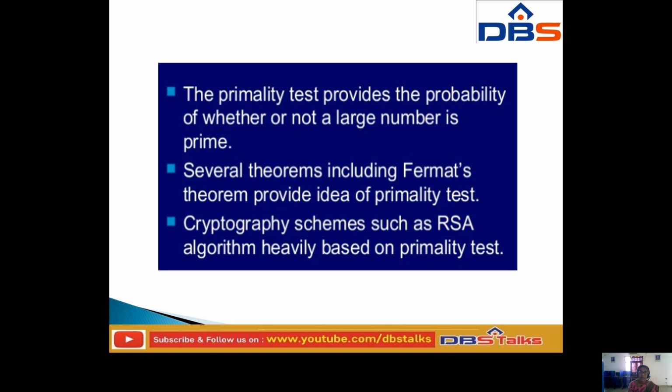And also not only one theorem, several theorems are included, such as Fermat's theorem, which will provide an idea of the primality test. But cryptographic schemes such as the RSA algorithm are heavily based upon the primality test. This test, as we have already said, provides the probability of whether a large number is prime.